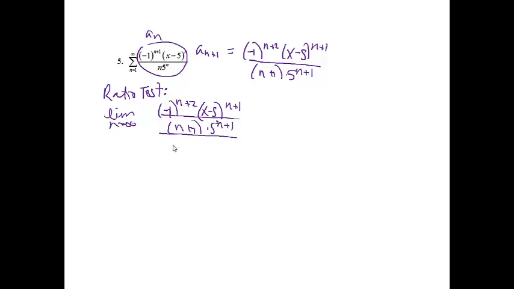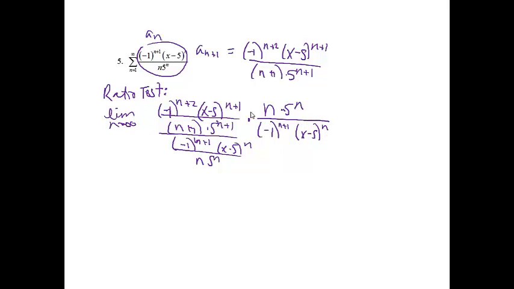And then we'll divide by a sub n, over n times 5 to the n, which means I'm going to multiply by the reciprocal. So I'm going to get n times 5 to the n over negative 1 to the n plus 1, and then (x minus 5) to the n.